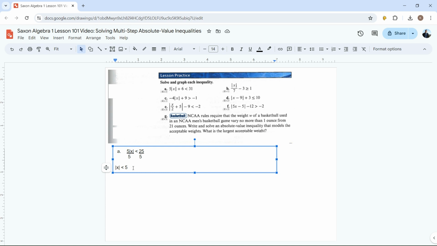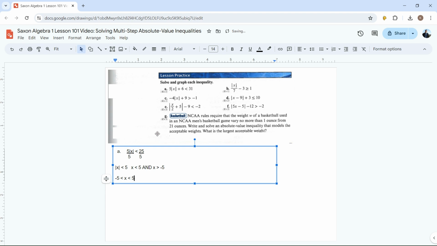Because we have a less than symbol, x is less than 5, and less than is the and, so I need to write and x is greater than negative 5. X is less than 5 and x is greater than negative 5. The other way to write this is in the way that combines them: negative 5 is less than x, which is less than 5.